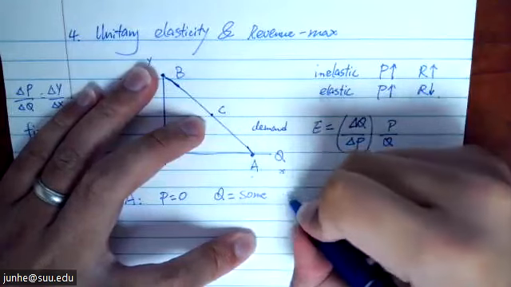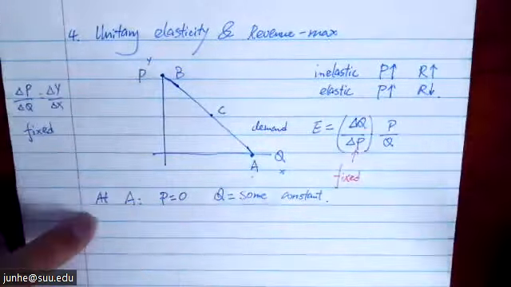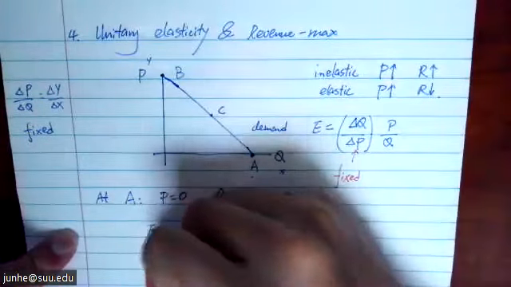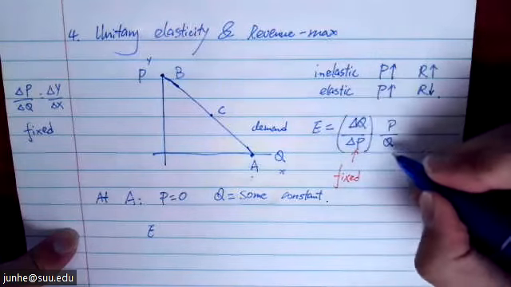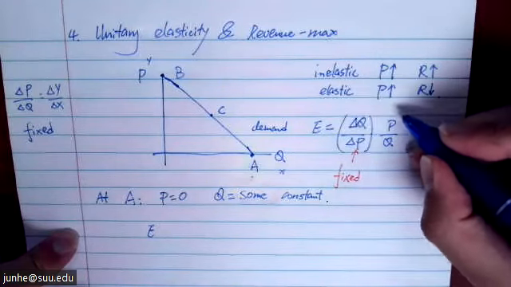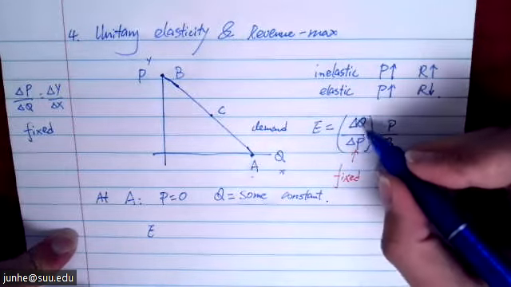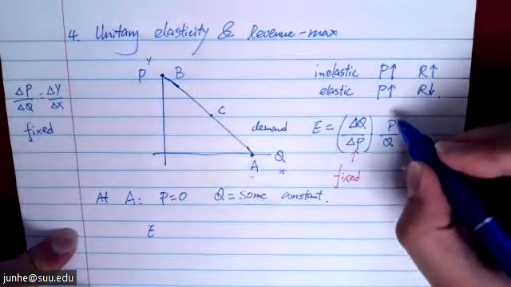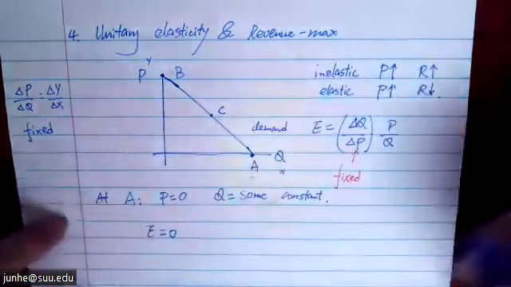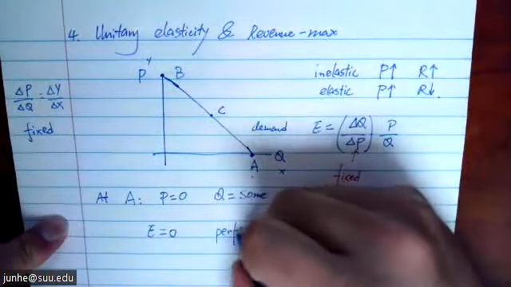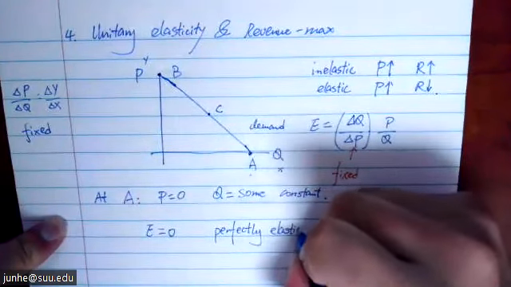Then what's the value of elasticity? This is a fixed value, a constant, multiplied by P equals 0. The result is 0. So at point A, we have a perfectly inelastic case.